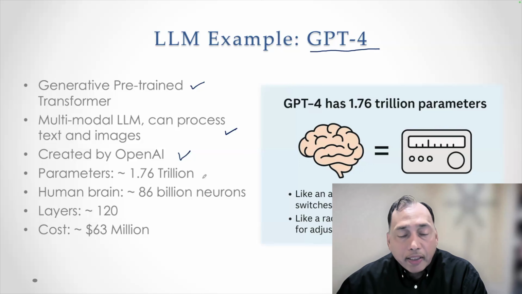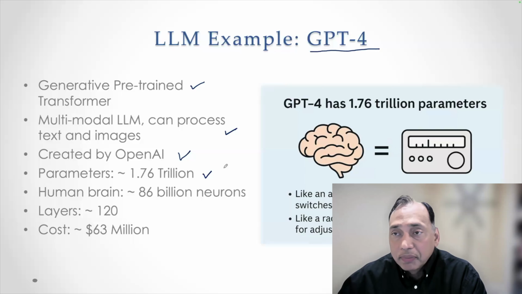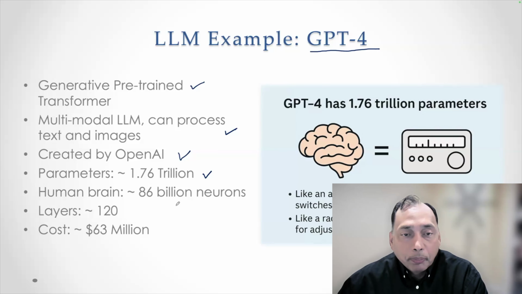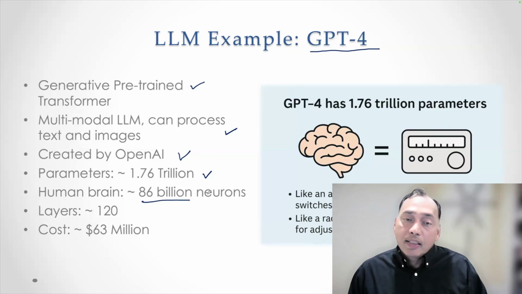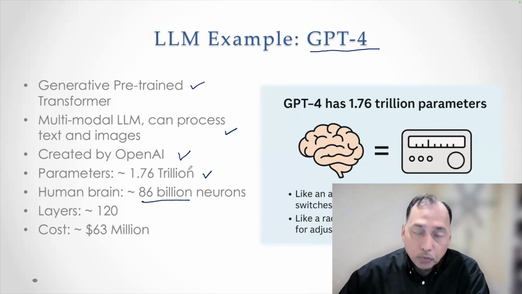Although OpenAI has not released more details, it is estimated that GPT-4 has more than 1.7 trillion parameters. If you compare that with the human brain, which has only around 86 billion neurons, it is much more than that. That's how it is able to deliver very fine-tuned output.